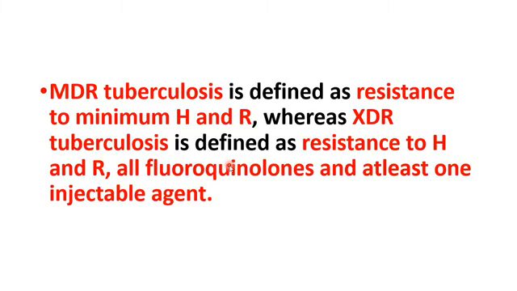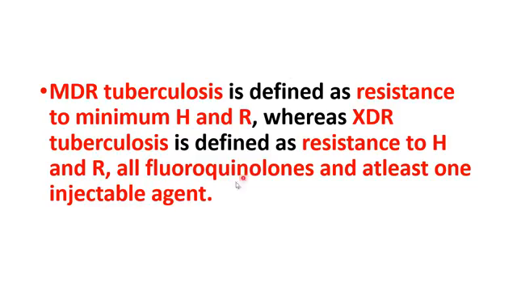Now talking about the definition of MDR tuberculosis. What do you mean by MDR tuberculosis? MDR tuberculosis means resistance to, at minimum, isoniazid and rifampicin. So both. If the tuberculosis is resistant to isoniazid and rifampicin, it is called MDR tuberculosis. Then what is XDR tuberculosis? It is defined as resistant to both isoniazid and rifampicin and all fluoroquinolone agents.